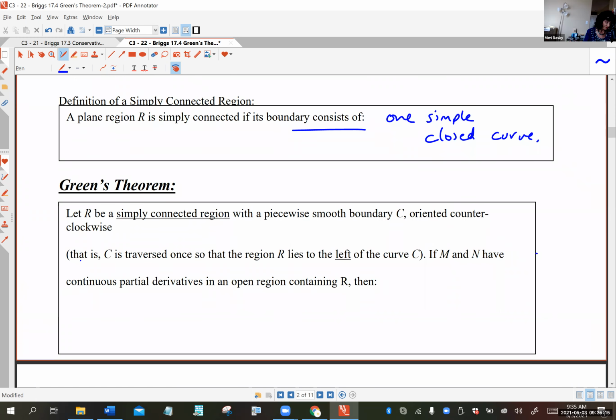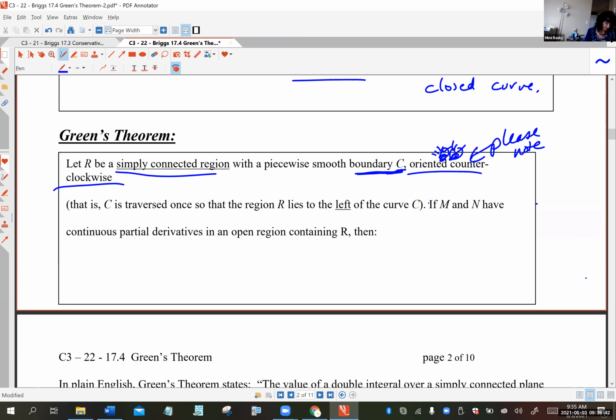Here you go. You've got a simply connected region. Nice. You've got your boundary, which is a nice curve, and it's oriented counterclockwise. Please note: counterclockwise. What about clockwise? Just the definition, the way Green's was developed, counterclockwise only. We can still do clockwise, but we'll get the opposite result, okay?